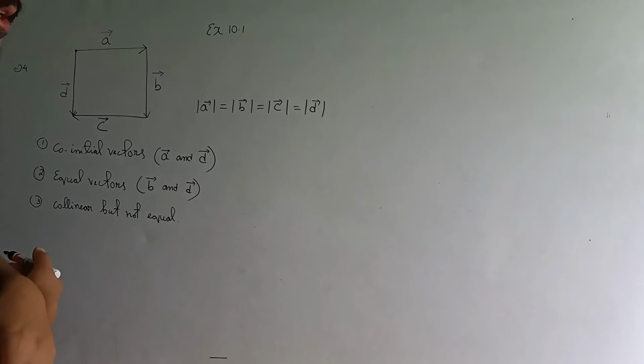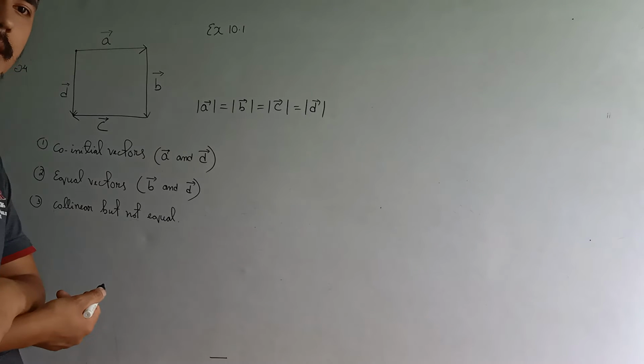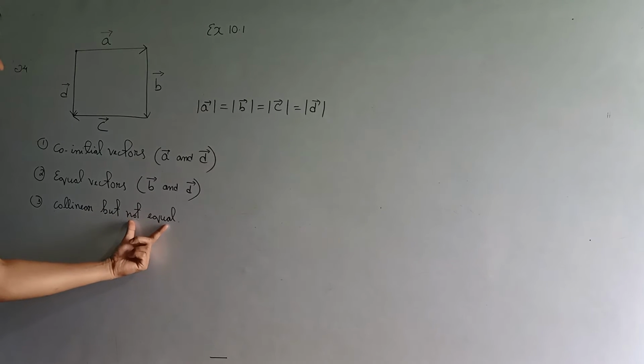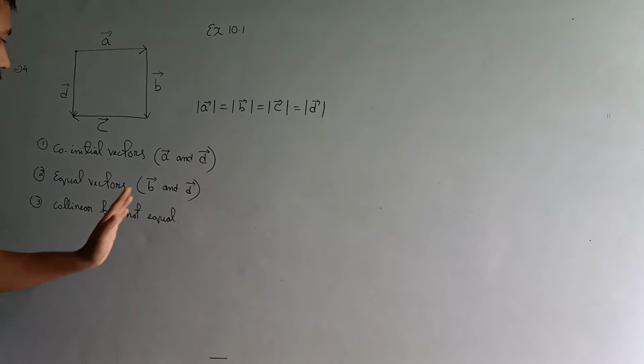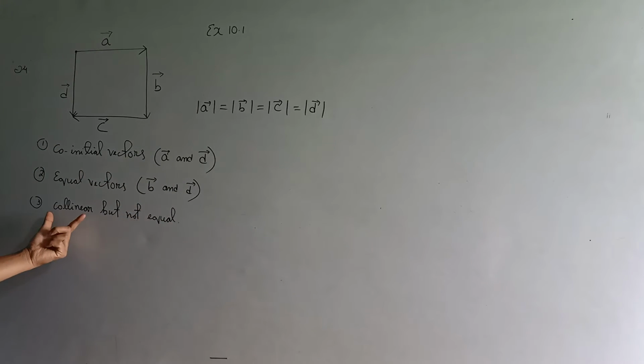They may have same direction or different direction, we do not care. But they must be parallel, but not equal. We are not going to take the equal vectors. That means we are not going to consider B and D. B and D are equal vectors, so we are not supposed to take the equal vectors here. So we'll only go for the parallel ones.